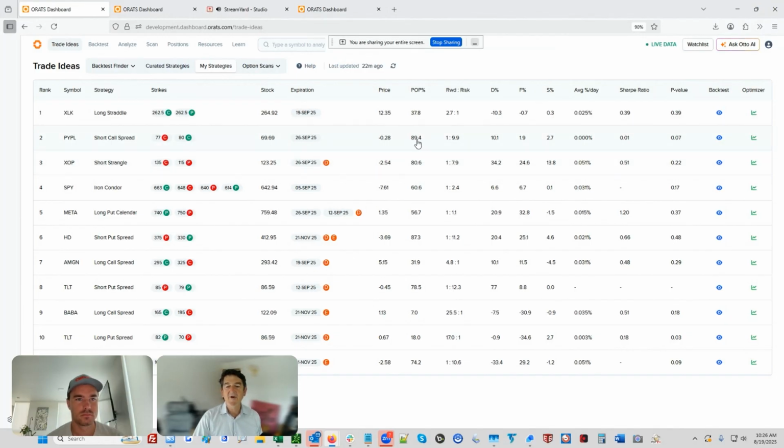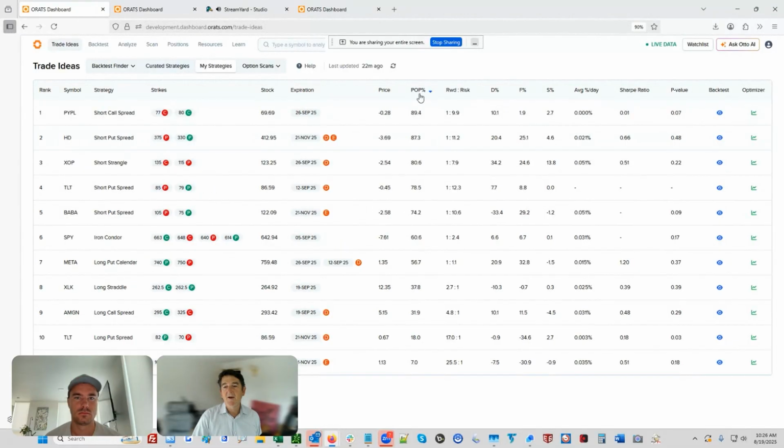What you want to find is a high probability, and so this one would probably be the least risky. This kind of looks like the better one from a risk-return versus probability of profit. So I do that sometimes when I'm trying to find a good strategy. This one only has a 7% chance of happening, but you get a 25.5 to 1 return on it.